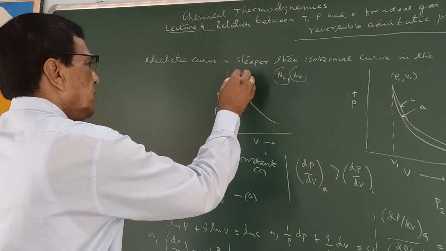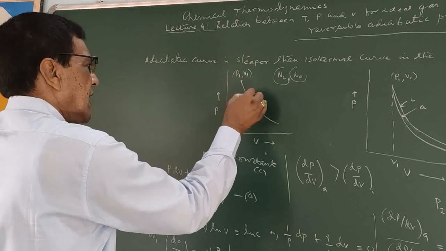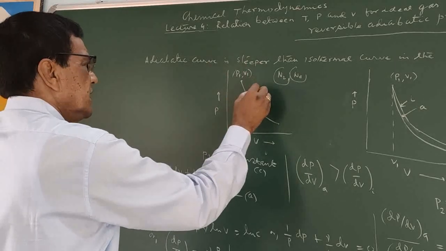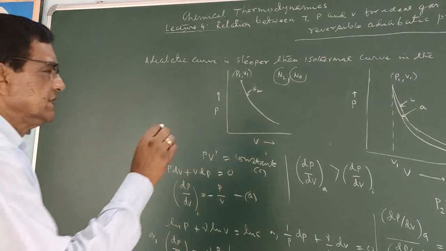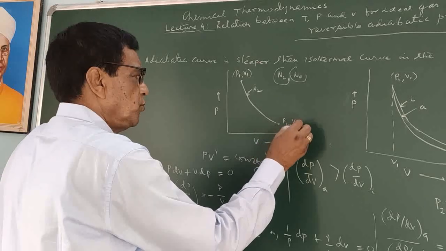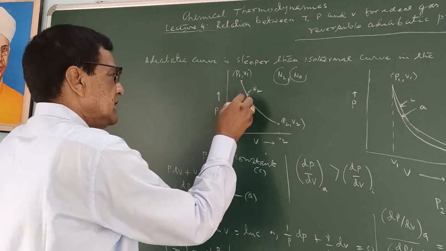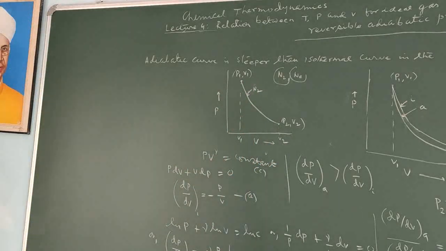Suppose here P1 and V1, and it is the adiabatic process for, say, nitrogen. This is final P2 and V2, and this is V2, and this one is V1.